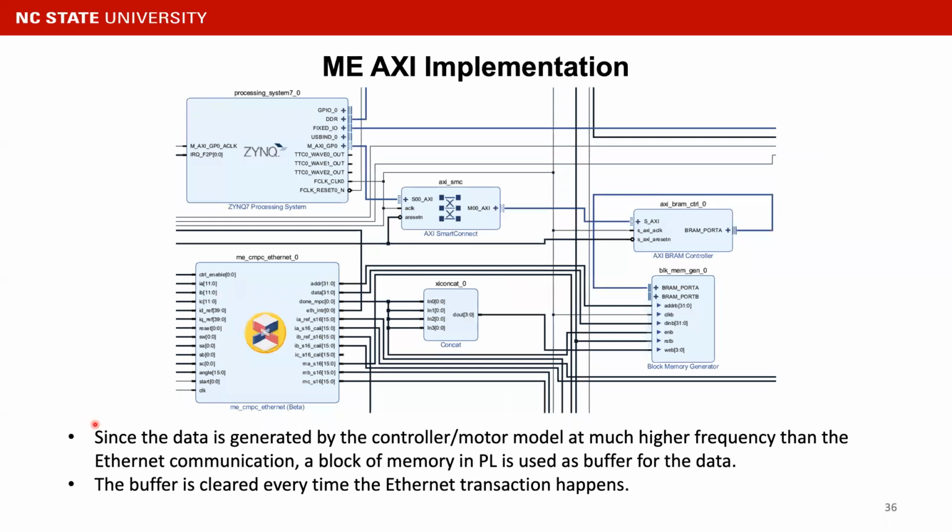So here's the AXI interface implementation for the multi-emulator. Unlike the system for the active power filter, which is a synchronous system because all the function blocks are running at 100 kilohertz, here we have an asynchronous system because we have multiple iteration speeds for different blocks.